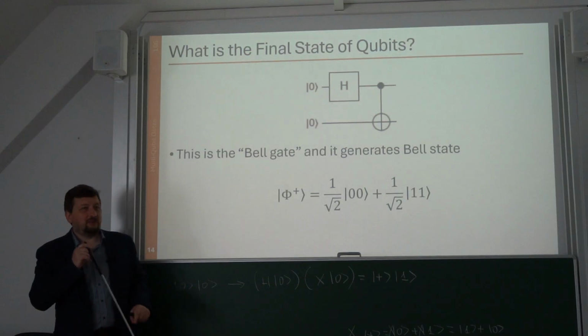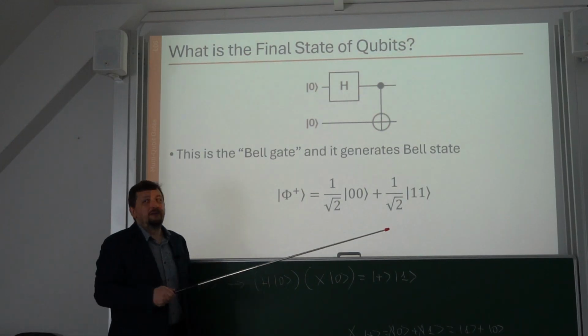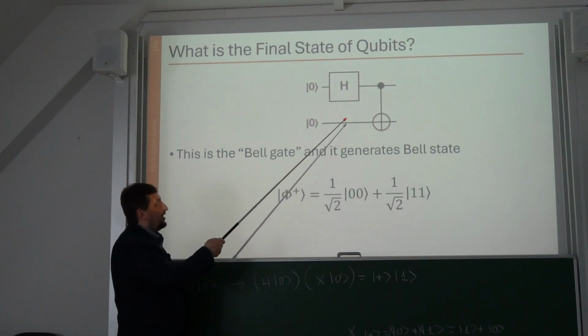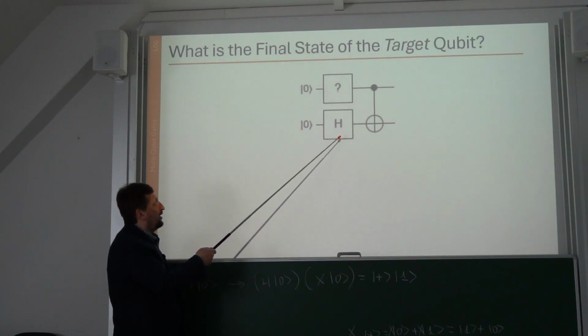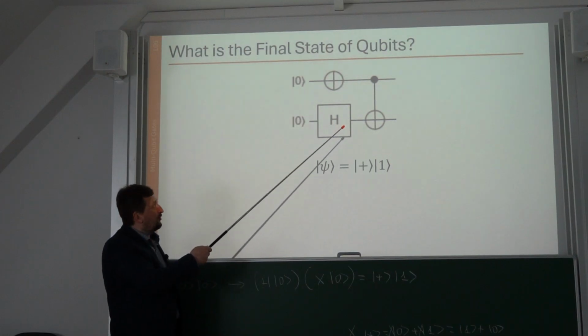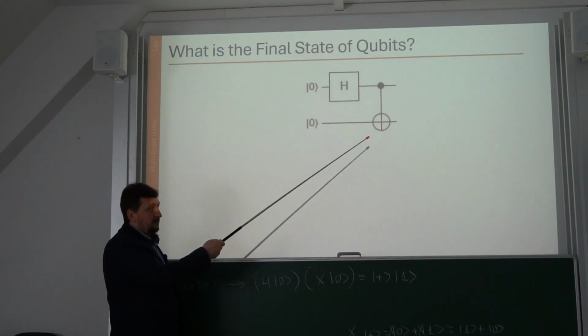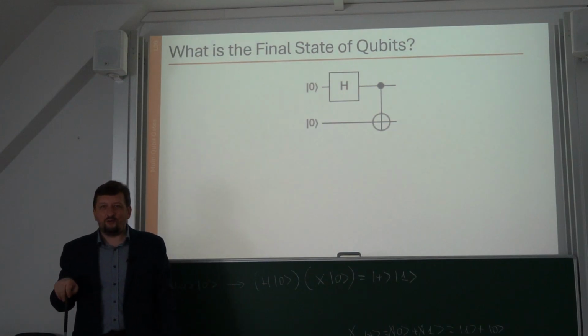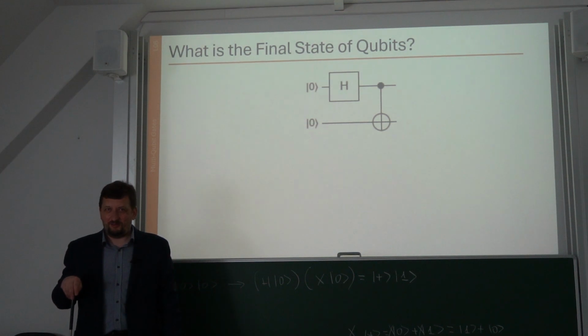The result of this is much more difficult to calculate than a gate like this. So if you see a Hadamard gate and C-naught, and you cannot immediately say what the output is, most certainly this is the Bell gate, and most certainly you will get a Bell state as a result.